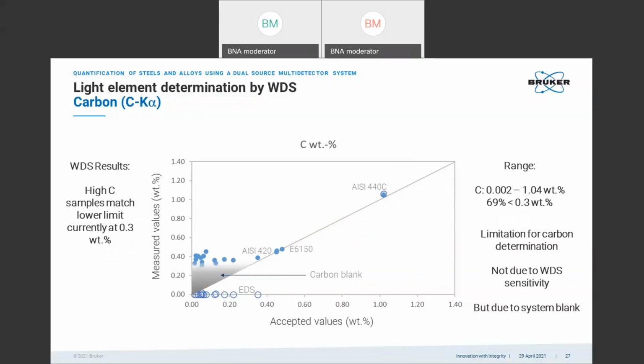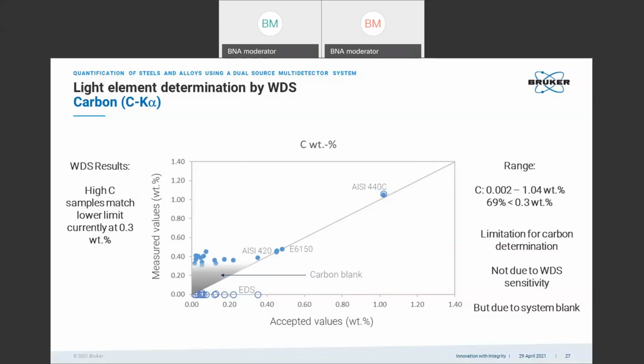For most of the light elements, also carbon could in principle be determined very well, to at least 0.1% or below. But the problem is contamination, and the SEM is everywhere. This is what we see here. In this graph, again, a correlation of the measured and accepted values.